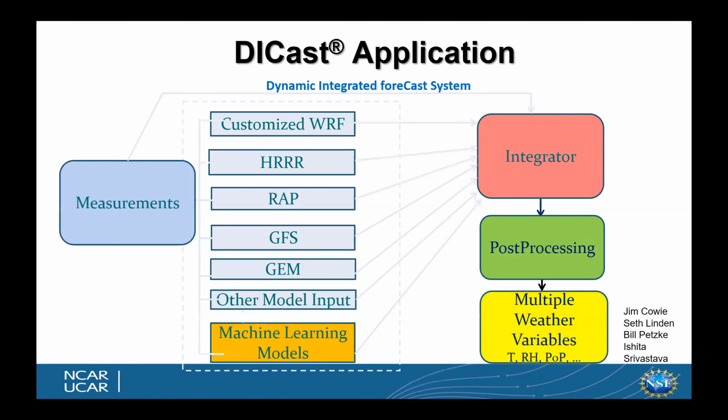So how does DICast work? It starts with measurements. These are measurements from the field, real-time observations, trained with historical observations. It also has input from various models.